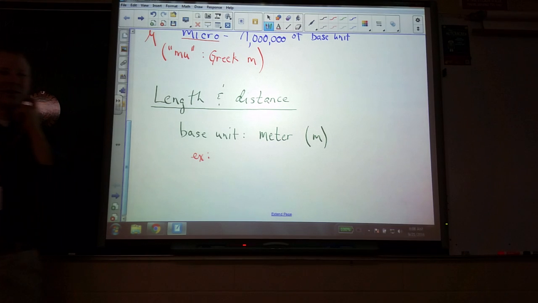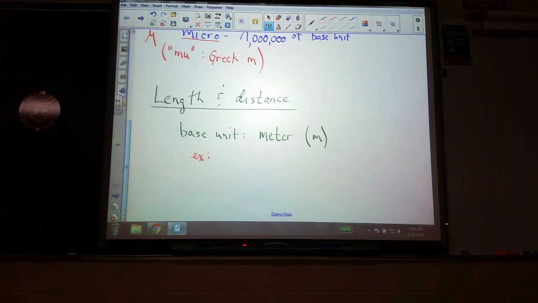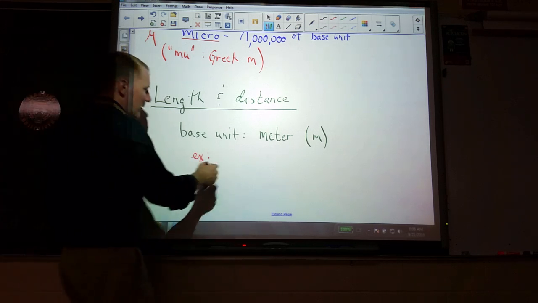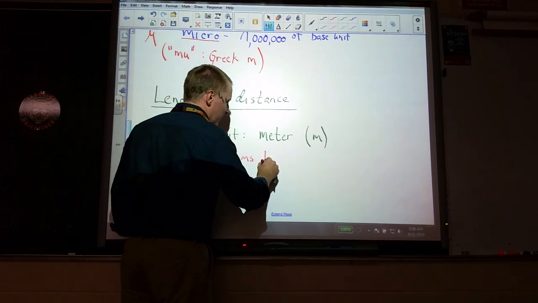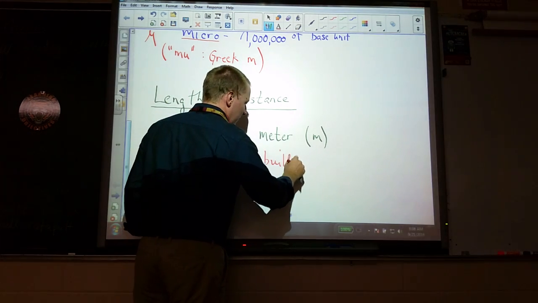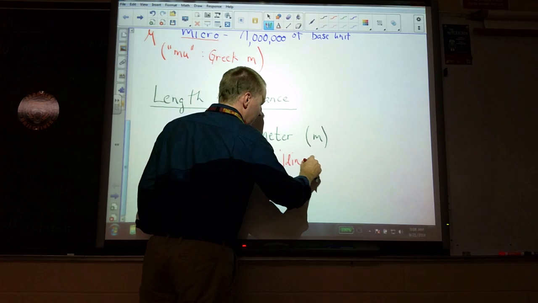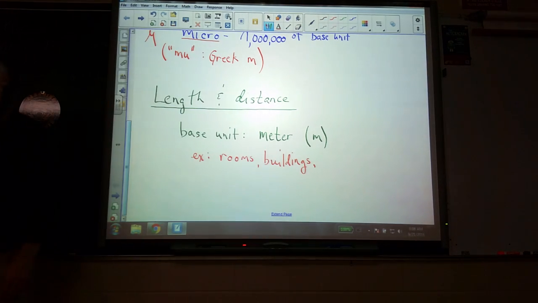What kinds of things might we measure in meters? Not in kilometers or millimeters or anything, but in meters like this. What's one thing? Yeah, rooms or buildings. What else?